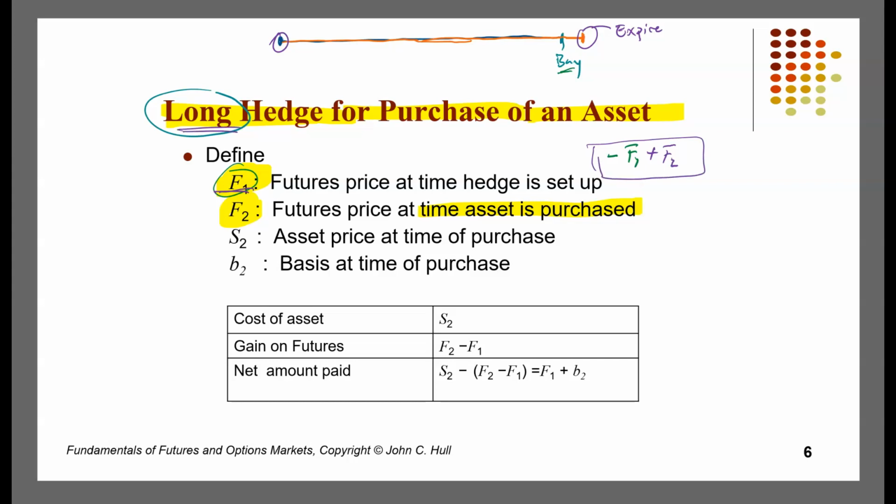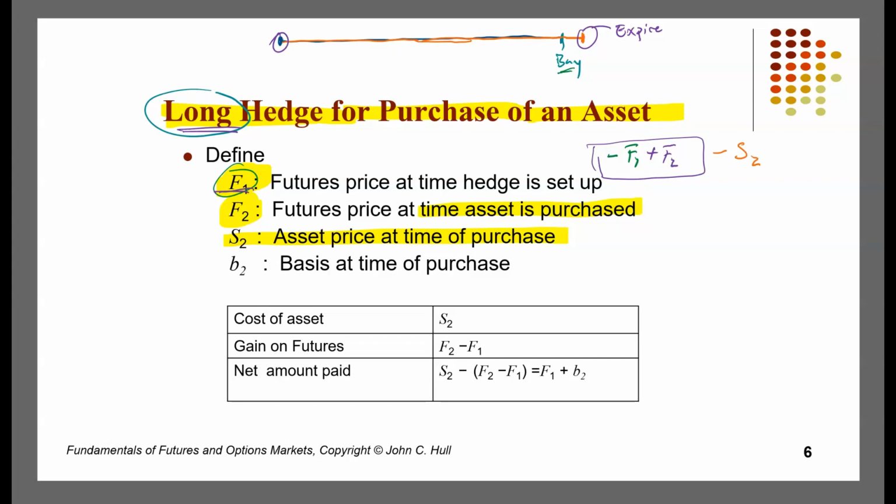Now, it is a long hedge. I still need to purchase the underlying in the future, so I still have to spend the price at which the underlying is trading in the market, and that price is S2. So we still have to spend S2 to purchase the underlying. And so ultimately, what do I have?